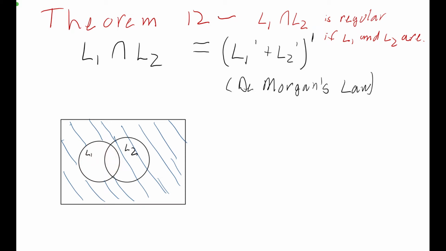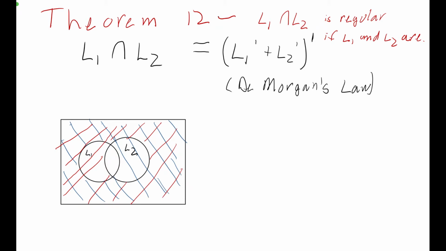Let's go ahead and do the same thing with L2. So I'm going to cross out everything that is not in L2. So that's L2 complement. And if you notice, I didn't cross out anything inside of here, which also includes the intersection.